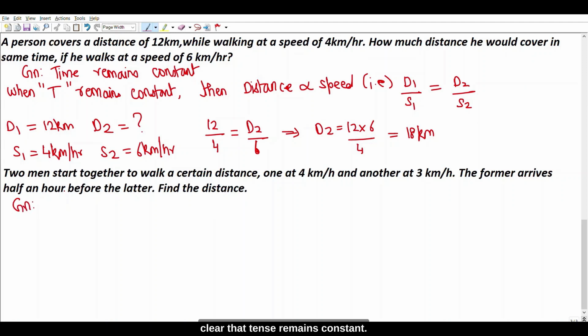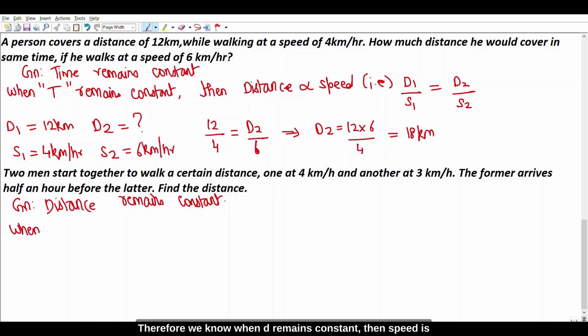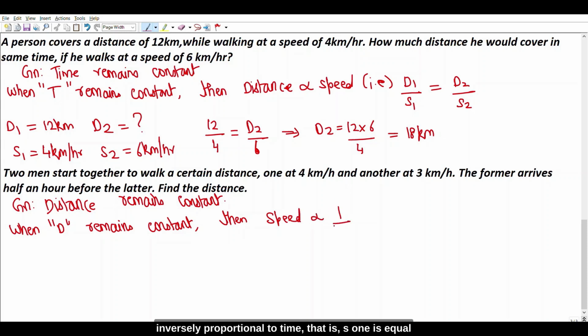So from the question, it is clear that distance remains constant. Therefore, we know when d remains constant, then speed is inversely proportional to time.